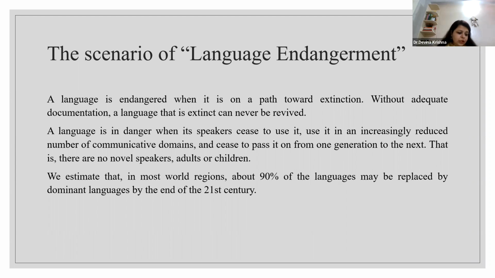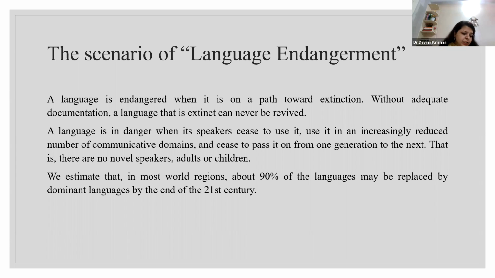Now, let me give the description also. In the case of a stable language, all the speakers speak the language. In the case of an unstable language, some children speak the language. Then we have a definitely endangered language, which is spoken by the parental generation and up. Then we have the severely endangered language, which is spoken only by the grandparental generation.